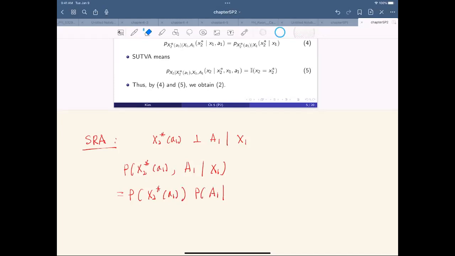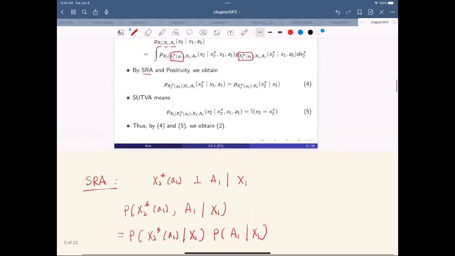That is the SRA, the ignorability assumption.